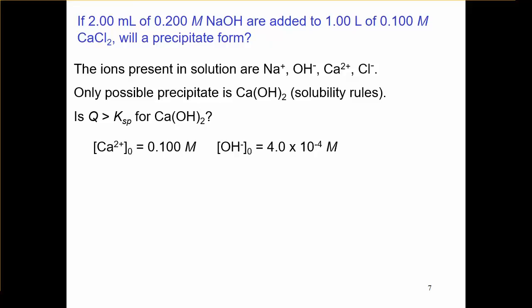So that's where we get these initial concentrations from. So I have my initial concentrations. I want to know if Q is greater than my Ksp. So this is what I get for Q. Q equals calcium 2+ times OH minus squared.